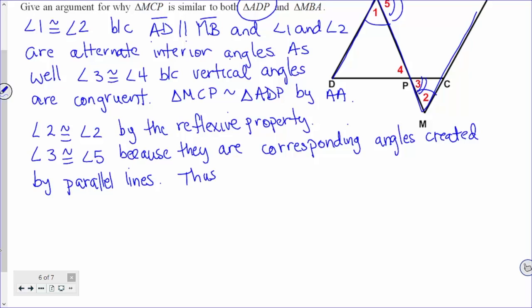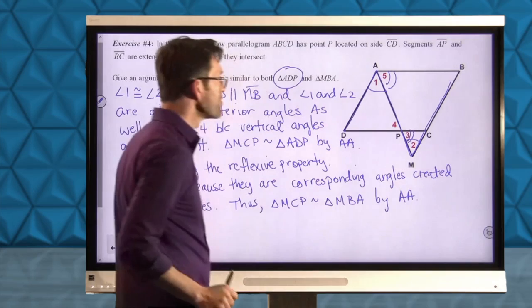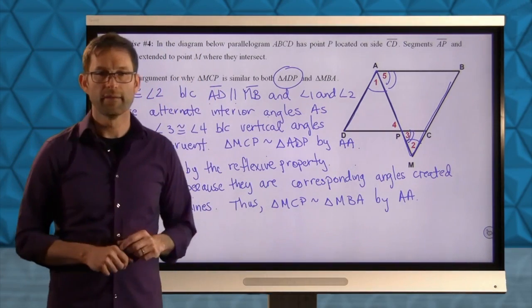Thus, triangle MCP is similar to triangle MBA by angle. All right, by angle again.